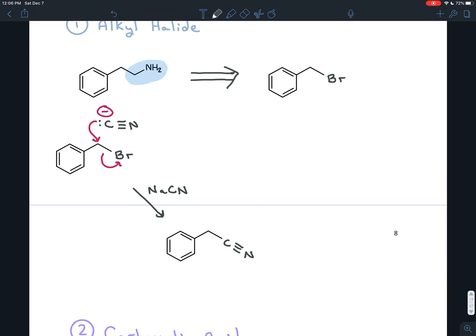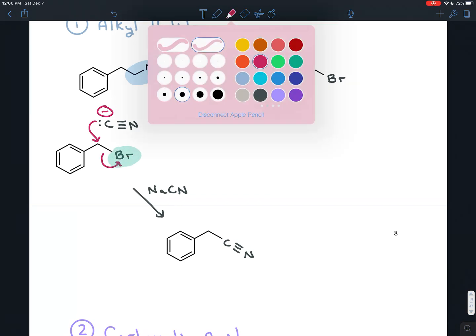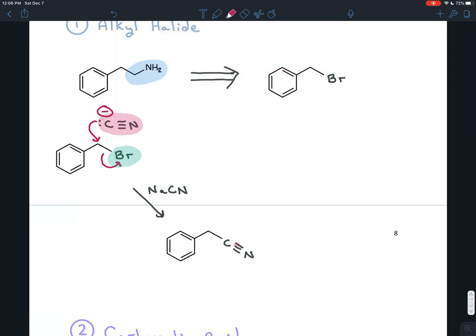So you can see how our leaving group got replaced by our nucleophile in that step. And then we just have to replace these bonds between the carbon and the nitrogen with bonds to hydrogen, like we have here.